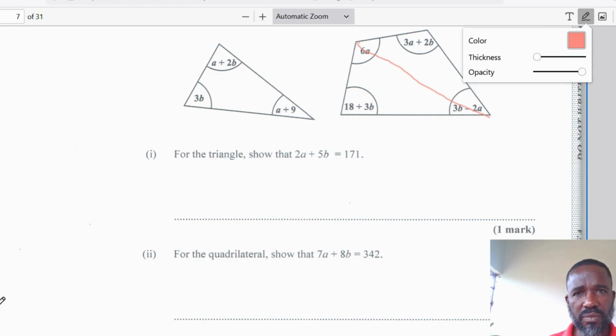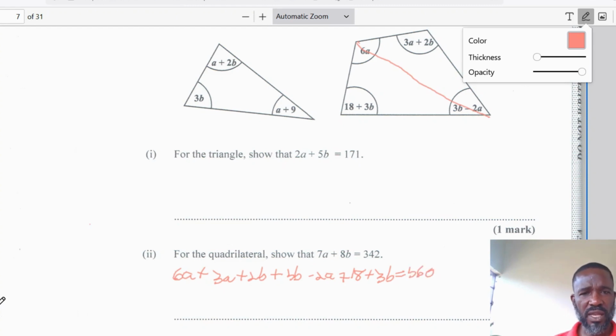So we have 6A plus 3A plus 2B plus 3B minus 2A plus 18 plus 3B, and all of that is equal to 360 degrees.